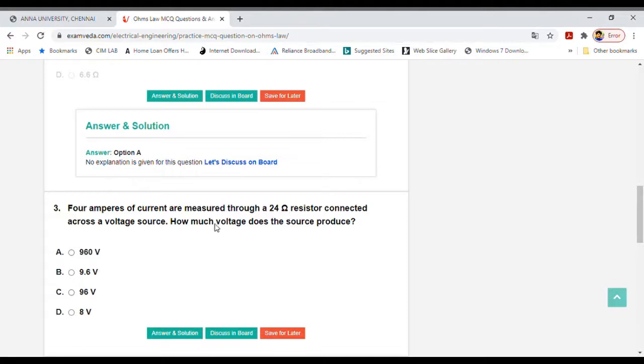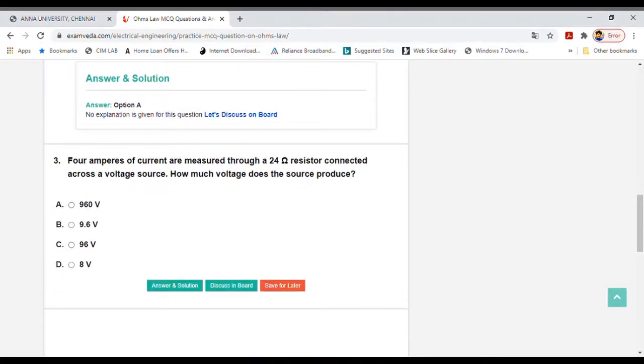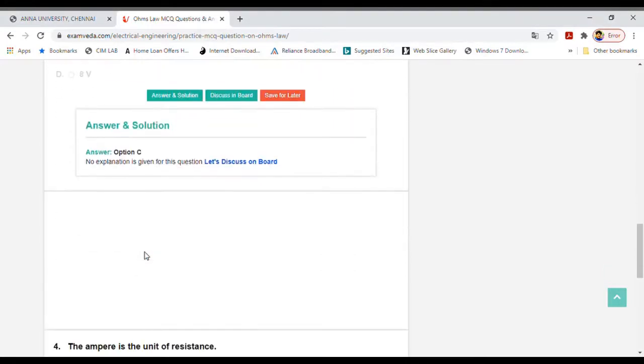They are asking how much voltage is produced. What is the formula? V is equal to I into R. So again take the calculator, clear it, and then substitute and multiply. So it is 24 into 4, right? The answer is 96 volts. Option C is the right answer.